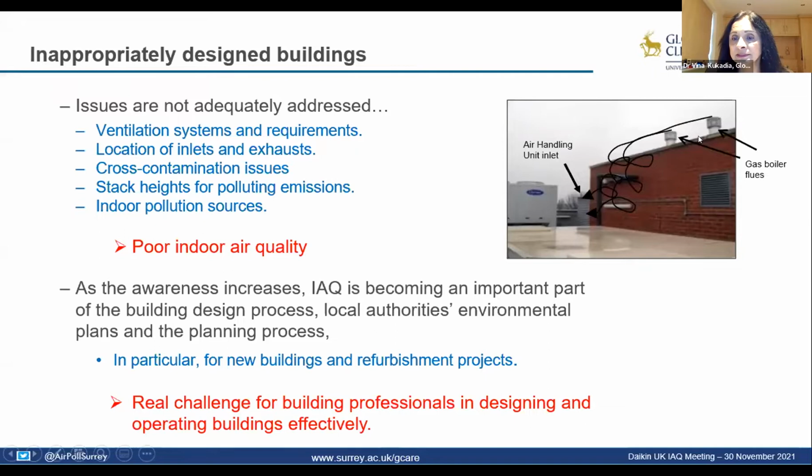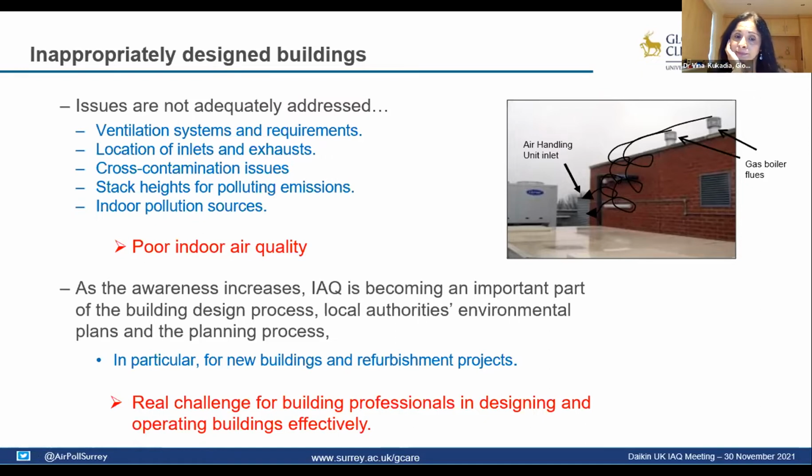So anything that's been emitted from these boiler flues is going to go straight back into the system. We have carried out studies where it shows that NO2, for example, has gone straight back into the system and dispersed throughout the building, and NO2 levels within the building have been quite high.